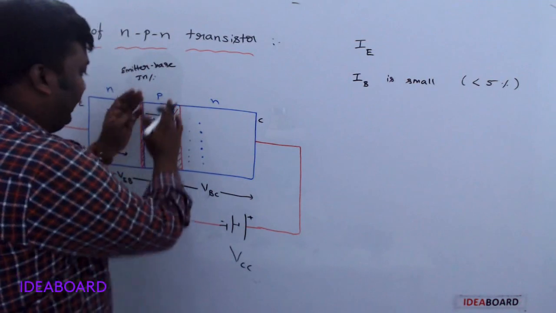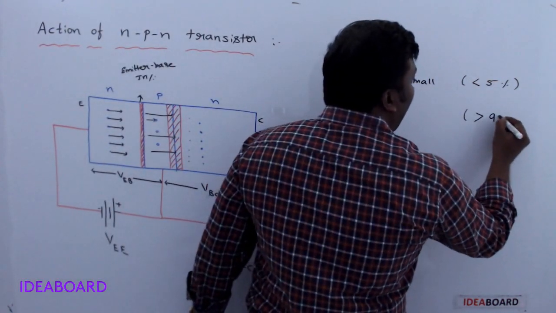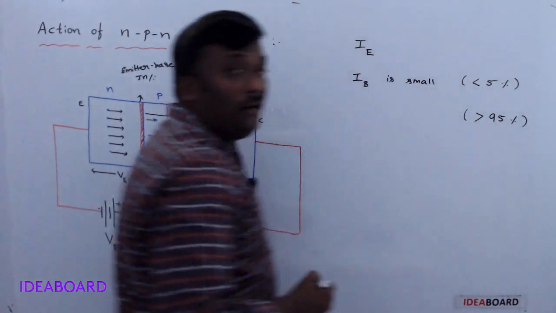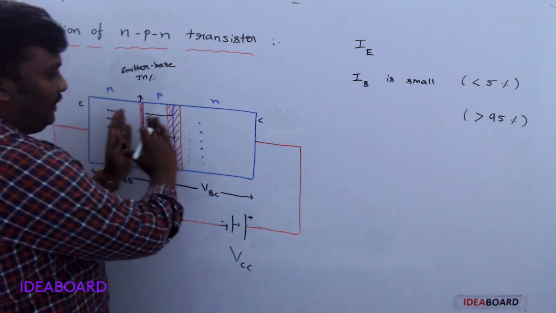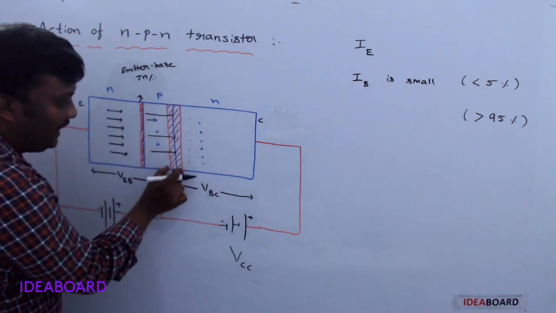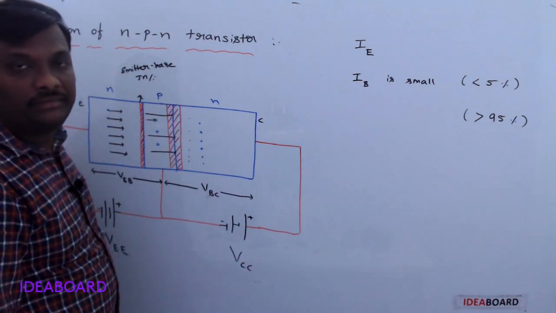So how many? Here only less than 5%, isn't it? More than 95% of electrons from the emitter region penetrate to the collector junction and enter into the collector region.